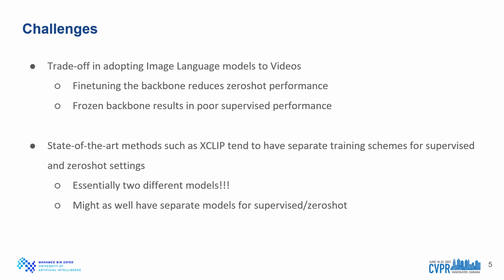Therefore, state-of-the-art methods such as X-CLIP tend to have separate training schemes for supervised and zero-shot settings. They normally train for a longer duration on the target dataset for the supervised setting, which produces good supervised performance and low zero-shot performance. And then for the zero-shot setting, they train for fewer epochs, which produces lower supervised performance but higher zero-shot performance.